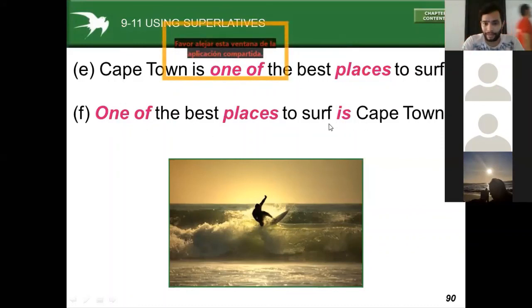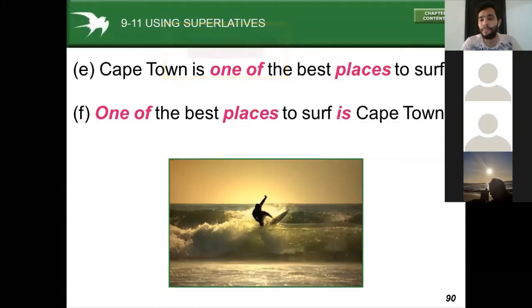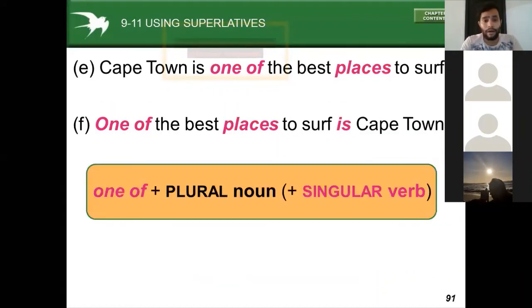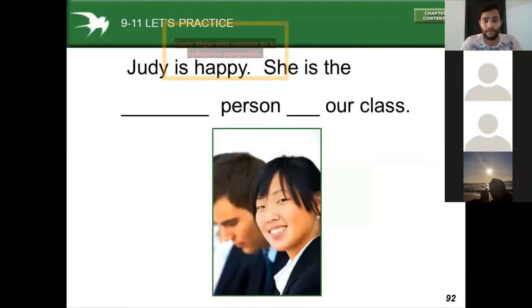Now, again, is. Why is? Because is not referring to places. Is referring to one. And one is referring to Cape Town, right? So this is something that you gotta take into account. I just don't want you to make confusions here, all right? To confuse yourself right here, to get mixed up. All right. So the singular and the other.